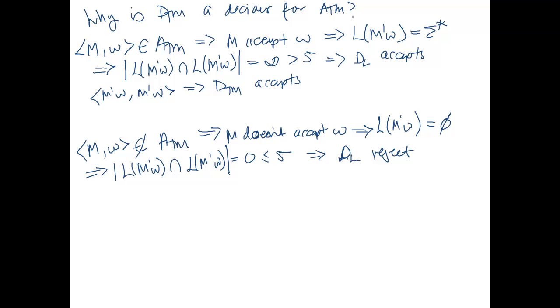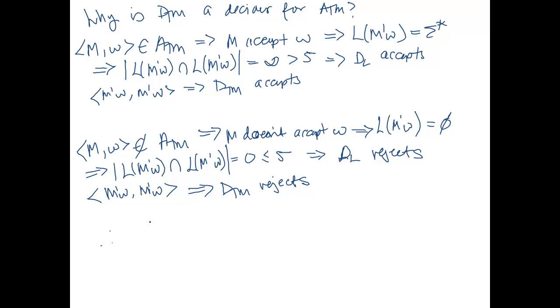It's not in its language. Okay, so then DL rejects this input. And what happens when DL rejects? DTM rejects. It does whatever DL did. So if the string is not in ATM, DTM is going to reject it.